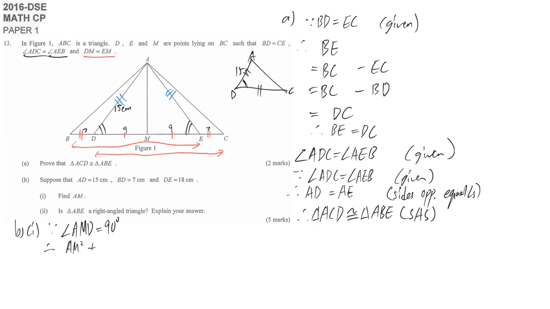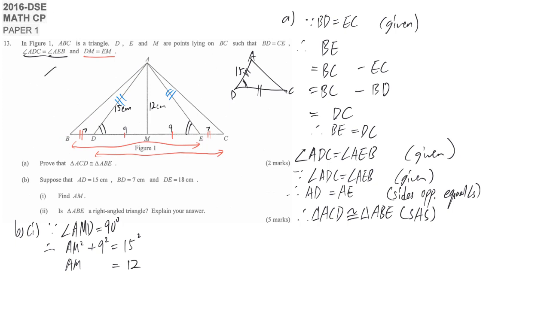AM squared plus 9 squared is equal to the longest side squared. Again, 3 to 4 to 5, so this is 12. AM is 12 cm.